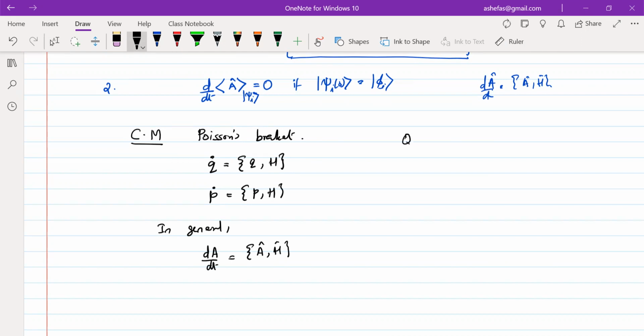Now, when you go to quantum mechanics, the observed quantities are not directly the dynamical variables. They are the expectation values of operators.